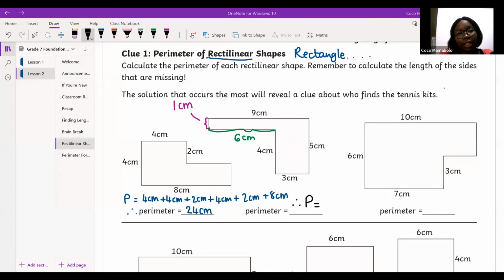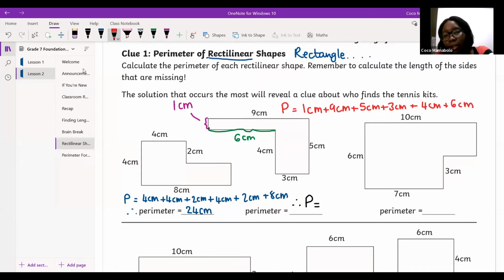Okay, guys, let's calculate. I'm going to do it the long way, but you guys don't have to. So I'm going to go P is equal to 1 centimeter plus 9 centimeters plus 5 centimeters plus 3 centimeters plus 4 centimeters plus 6 centimeters. Now, if I calculate 1 plus 9, that's 10, plus 5, that's 15, plus 3, that's 18, plus 4, that's 22, plus 6, that's 28.